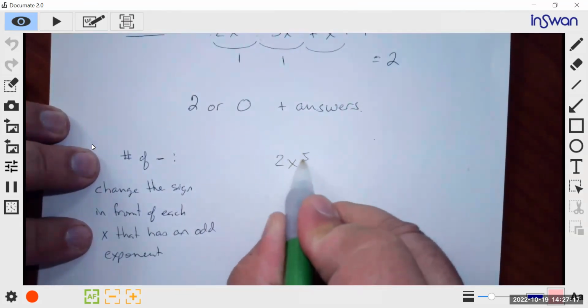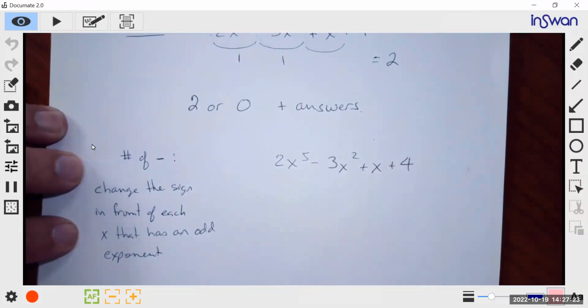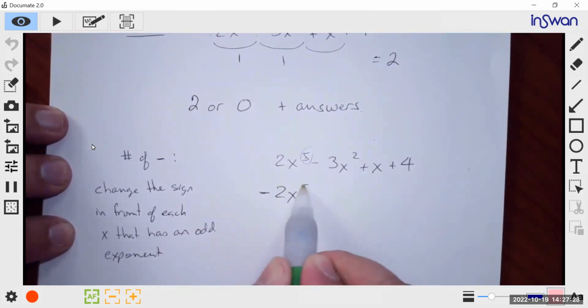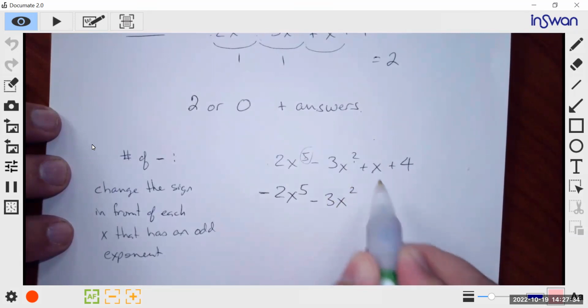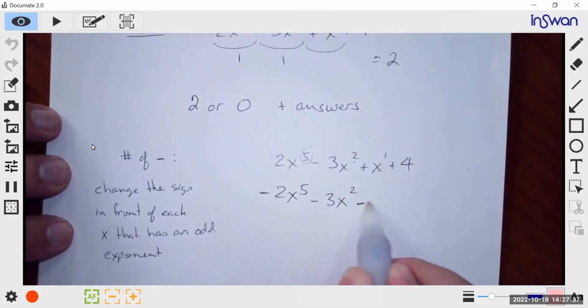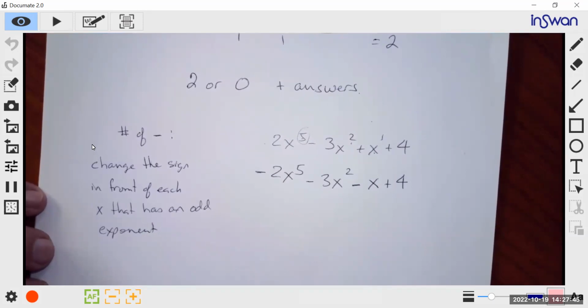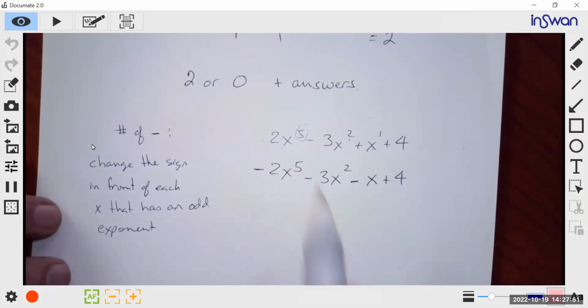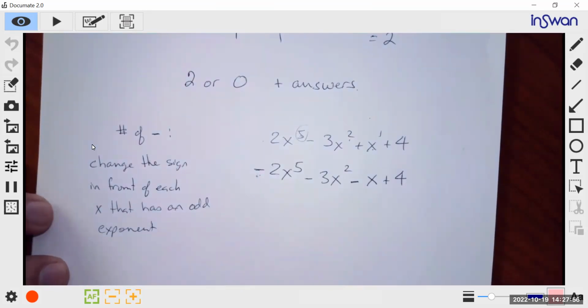So our original equation is this. That's an odd exponent, so this sign changes. It becomes that. That's an even, so that one doesn't change. This one's odd, it only has one, so it changes. So if it has an odd exponent, change the sign in front of the coefficient, and do the same thing.